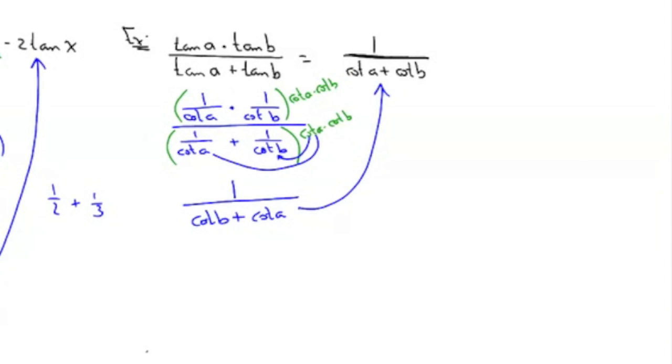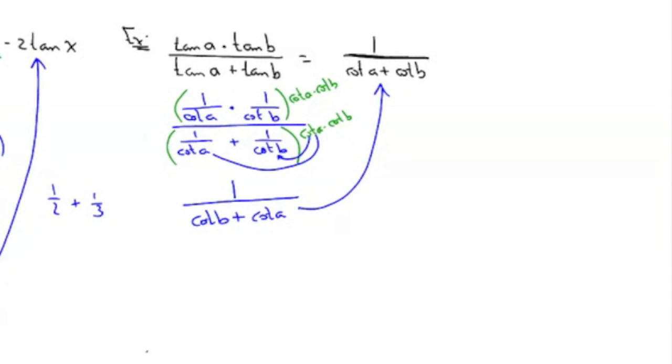So the cotangent of A's are going to cancel. So you're left with 1 times cotangent B. So when this one gets hit, the cotangent B's are going to cancel, and you're left with cotangent of A times 1, which is cotangent of A.